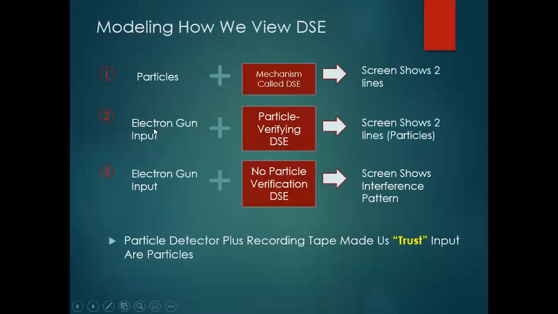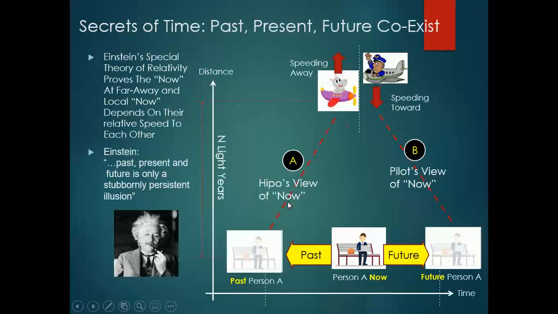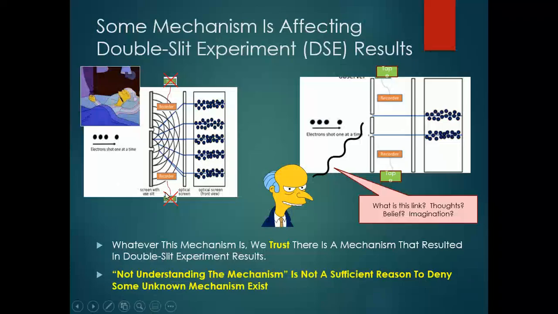Or in another way, describing the same thing, the electron gun is the provided input, and the particle verifying device in the double slit experiment, and we will see the observation screen showing two lines, which indicates particle behavior. But with the same electron gun input, if I have no particle verification device at the double slit experiment, I turn off the recording device even though the detectors are on, but the electron gun is still shooting the particles through the two slits, then I will have multiple lines.